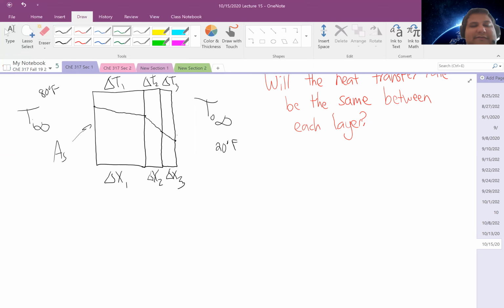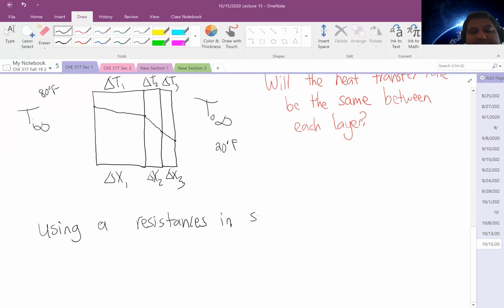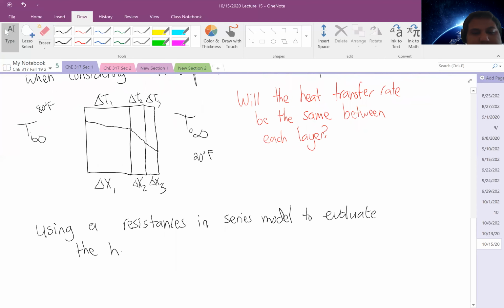And the most effective way of analyzing this system is using what's known as a resistances in series model to evaluate the heat transfer through the composite wall.